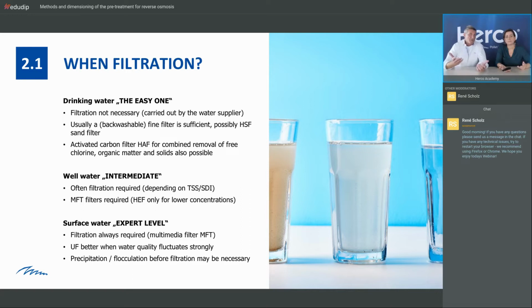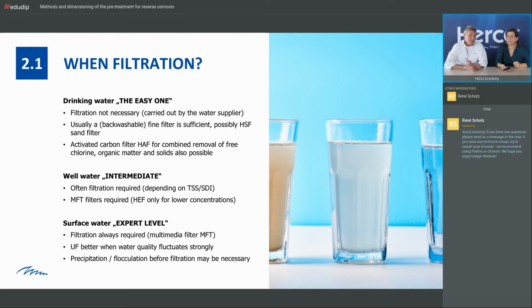So in the surface water, we called it the expert level because it's sometimes not so easy. The filtration is always required, because we have everything in the surface water, starting with little fishes and everything that is in the water. If rainwater comes, or a heavy rain or a storm like today, then the surface water looks very different from surface water in winter time when nothing happens.